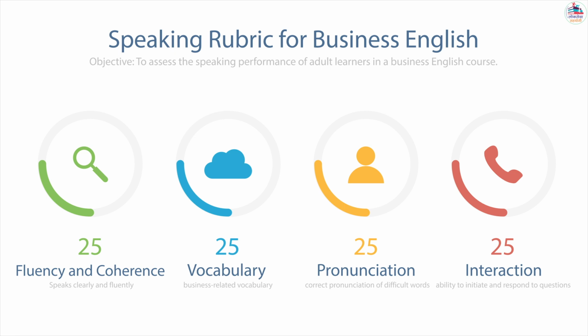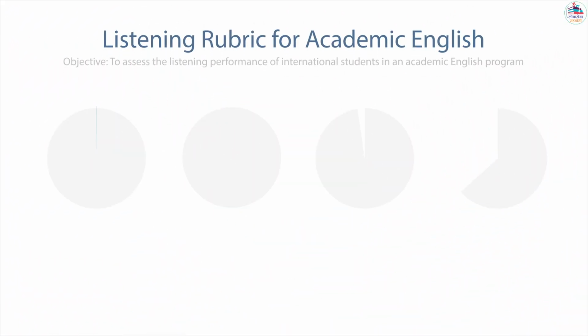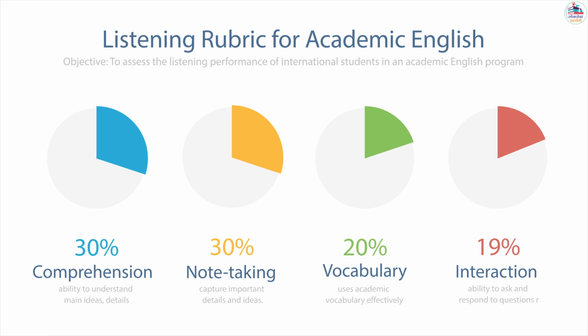In this way, you can separate the total 100 points into a 4-way criteria: fluency and coherence 25, vocabulary 25, pronunciation 25, and interaction 25. So similarly, the listening rubric.